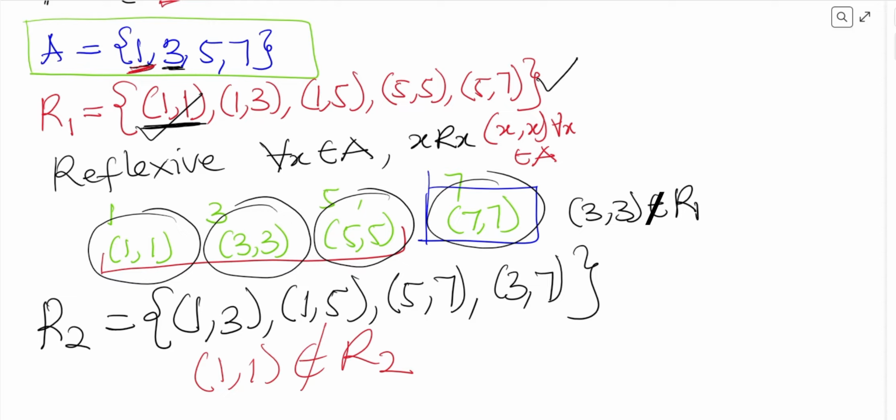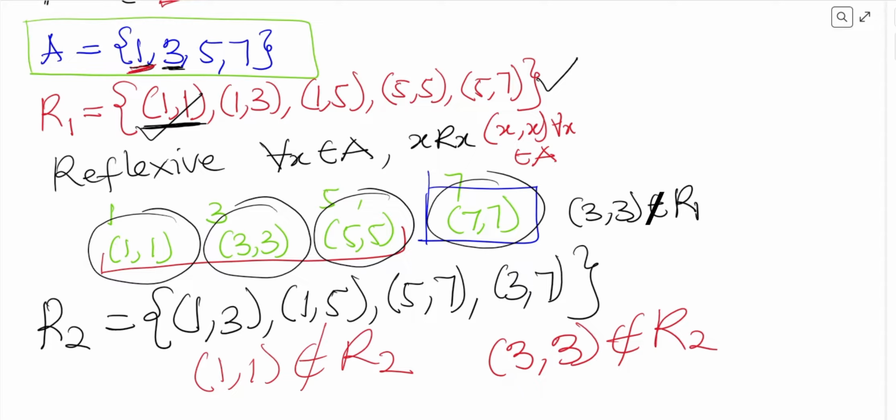There is no need looking for all the other members. But again, for the sake of learning, we can check. Let's go to 3. In R2, we don't also have 3 relating to 3. That also confirms the fact that R2 is not reflexive.